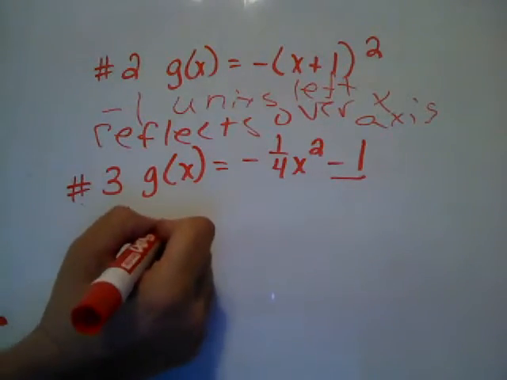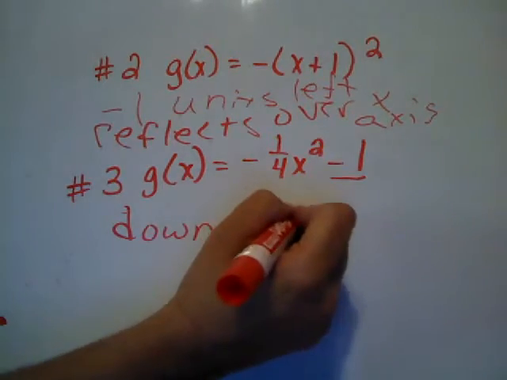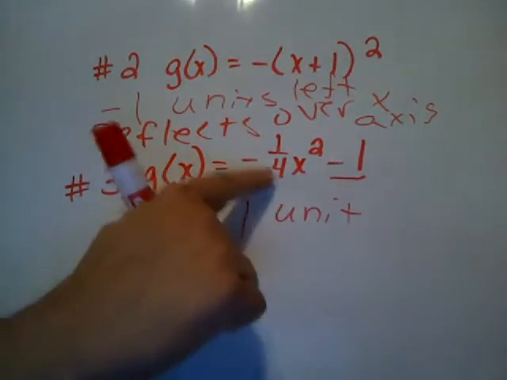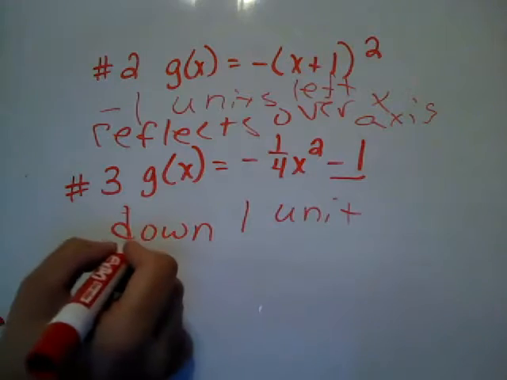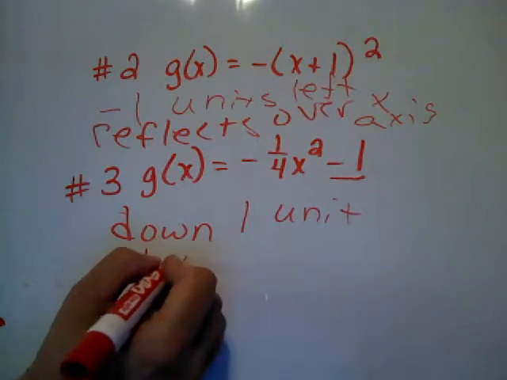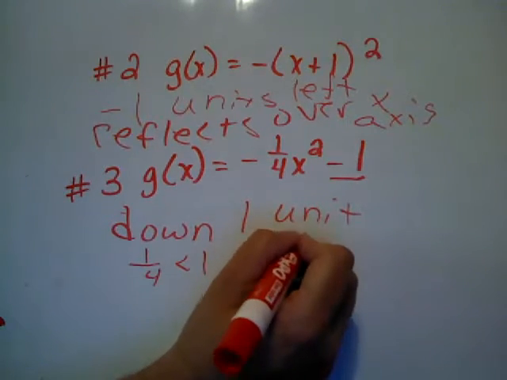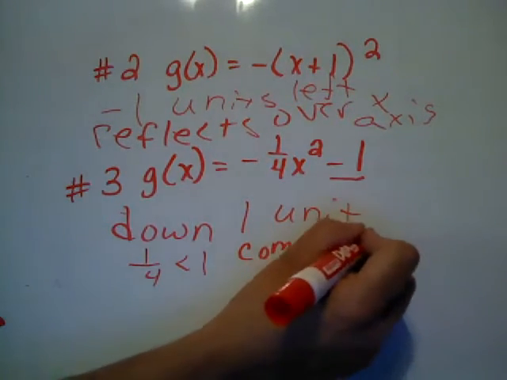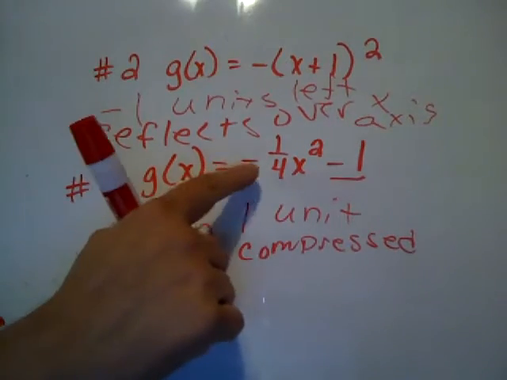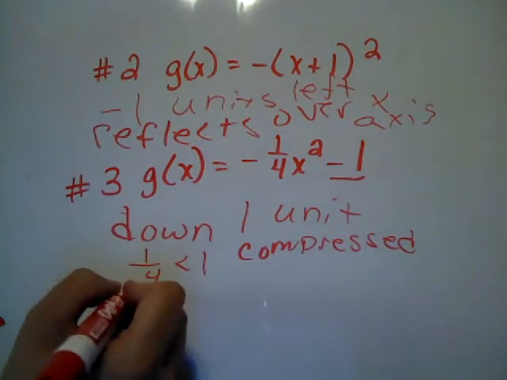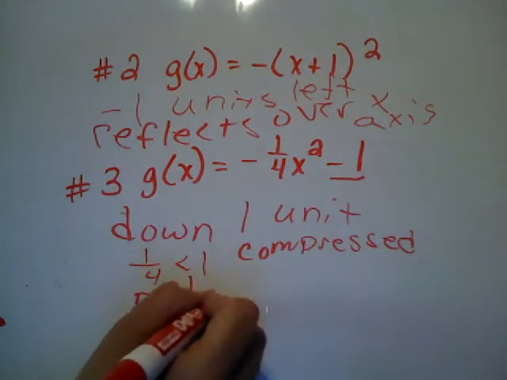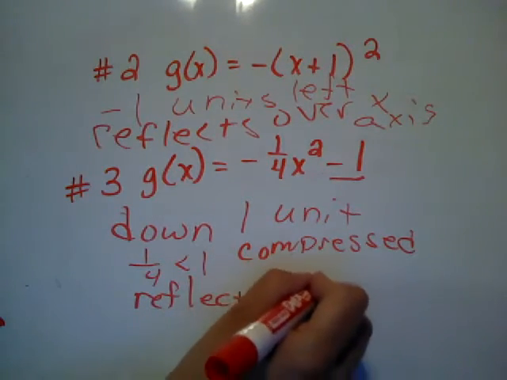Down 1 unit. The 1/4 is less than 1, so it's going to be compressed, or it's going to get wider, and the negative is going to reflect it over the x-axis.